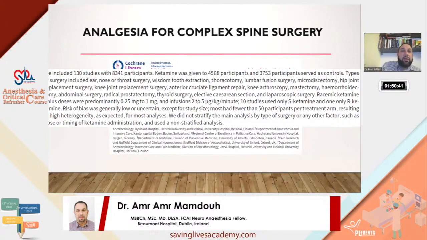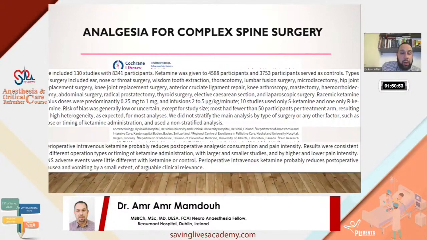It includes about 130 studies with more than 8,000 patients, and it concluded at the end that post-operative and perioperative ketamine infusion reduces all the analgesic requirements and opioid consumption, and improves the outcome of these patients and the requirement of opioids and their complications.